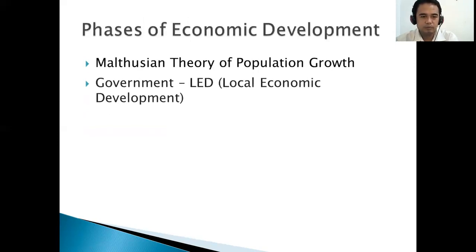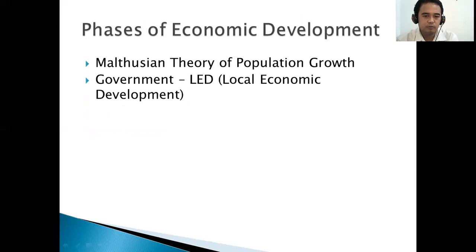And now, phases of economic development. The Malthusian theory of population growth is the idea that population growth is potentially exponential, while the growth of food supply and other resources is linear. It derives from the political and economic thought that the Reverend Thomas Robert Malthus laid out in his 1798 writings.